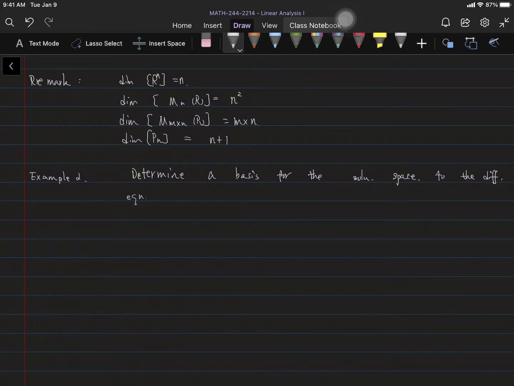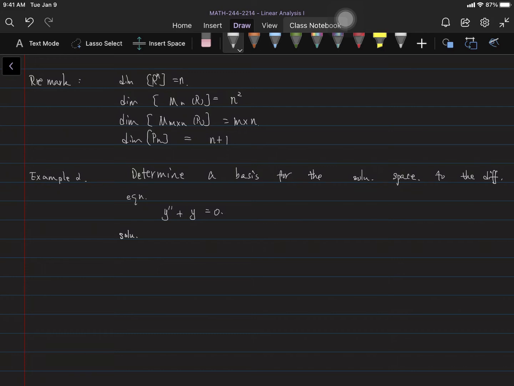The differential equation looks like this: second derivative plus y equals 0. Right now, we don't need to know how to solve this second order differential equation. We will learn this in the next chapter, but here I just give you the solution.